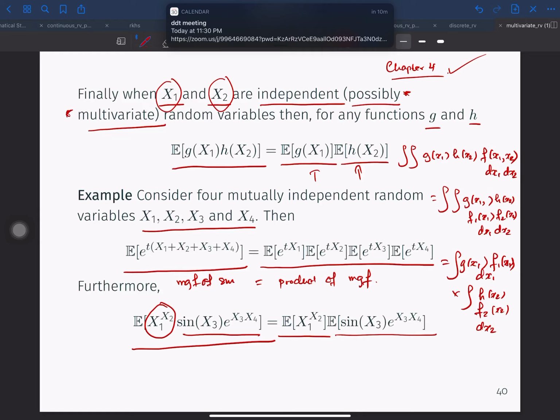But in any case, as long as you can write it as one function that only depends on one subset of the random variables, and another function that only depends on the other subset, then you can factor out the product of the expectations.